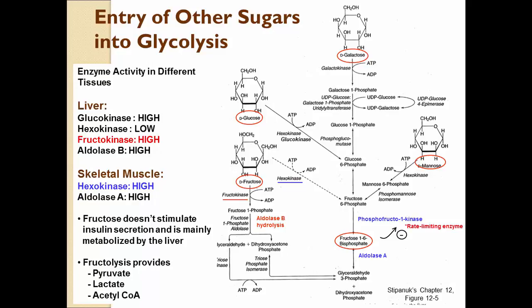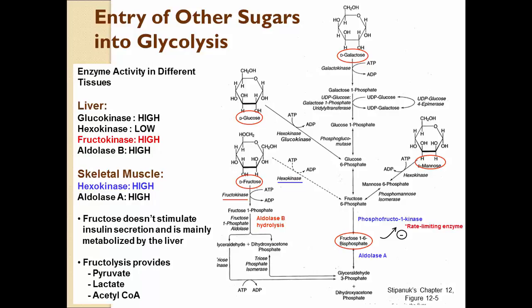The reason is that fructose glycolysis bypasses this rate-limiting reaction. So compared to glucose, fructose generates more glyceraldehyde 3-phosphate, right?